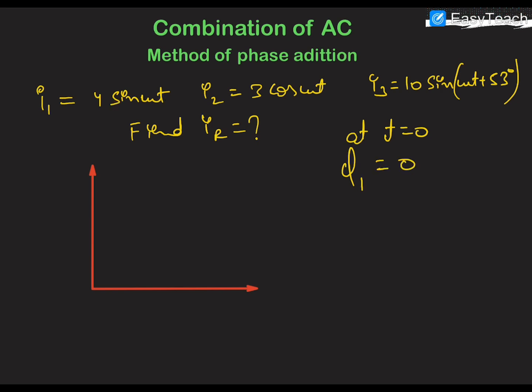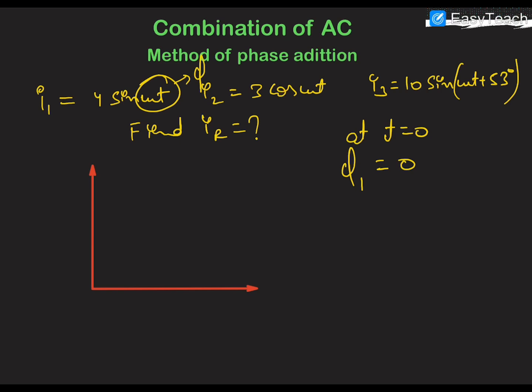You can directly put t equal to 0 in place of time, and this complete term is called the initial phase when t is equal to 0, if this is sine. But this is cos, so you have to first convert this cos into sine, because cos is itself pi by 2 ahead of sine.